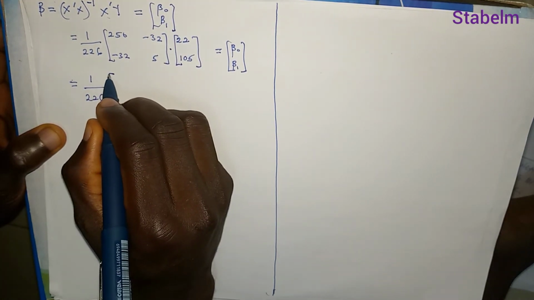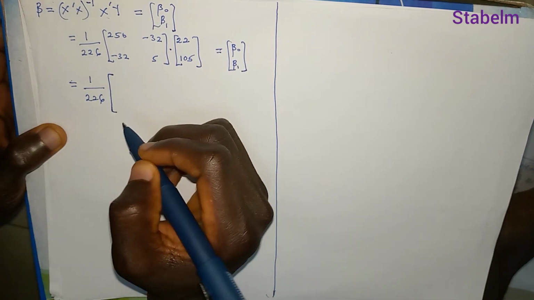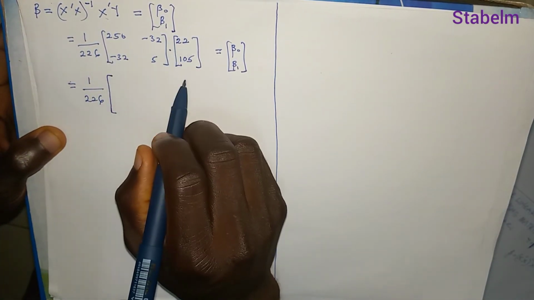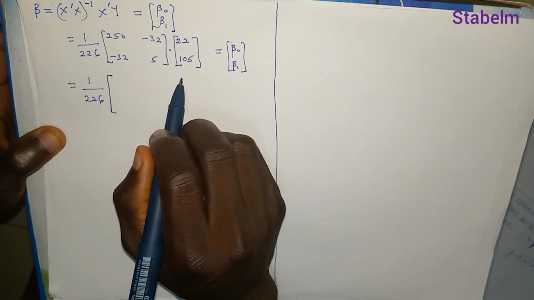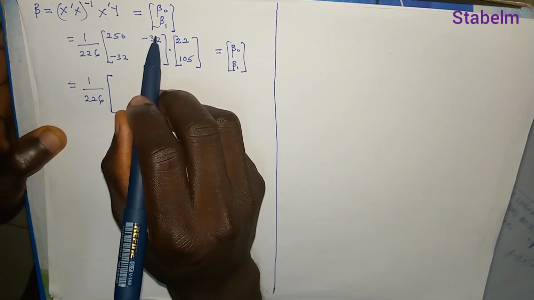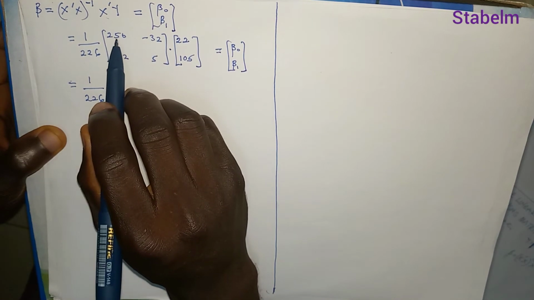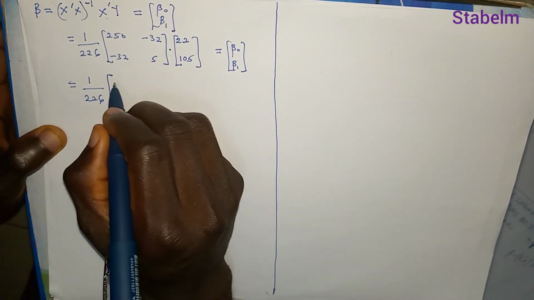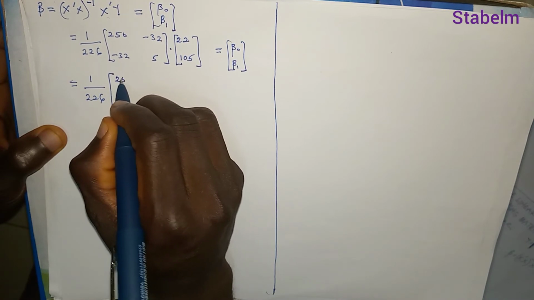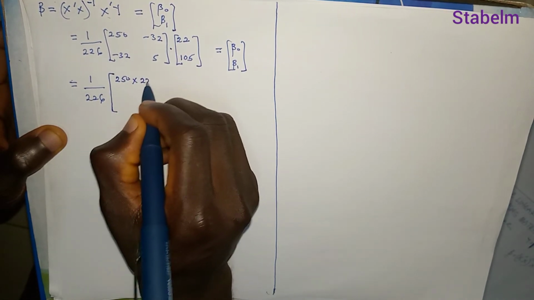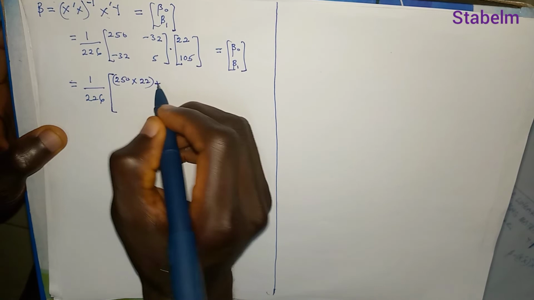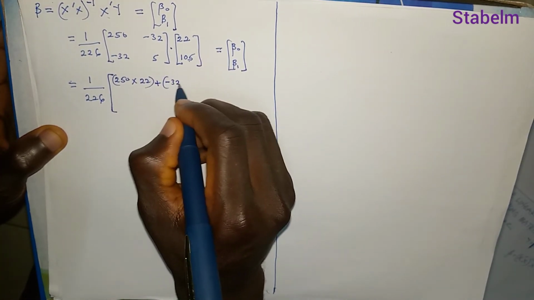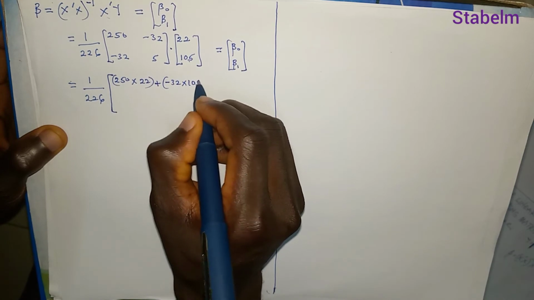So this row multiplied by this column, that is 250 times 22 plus minus 32 times 105.